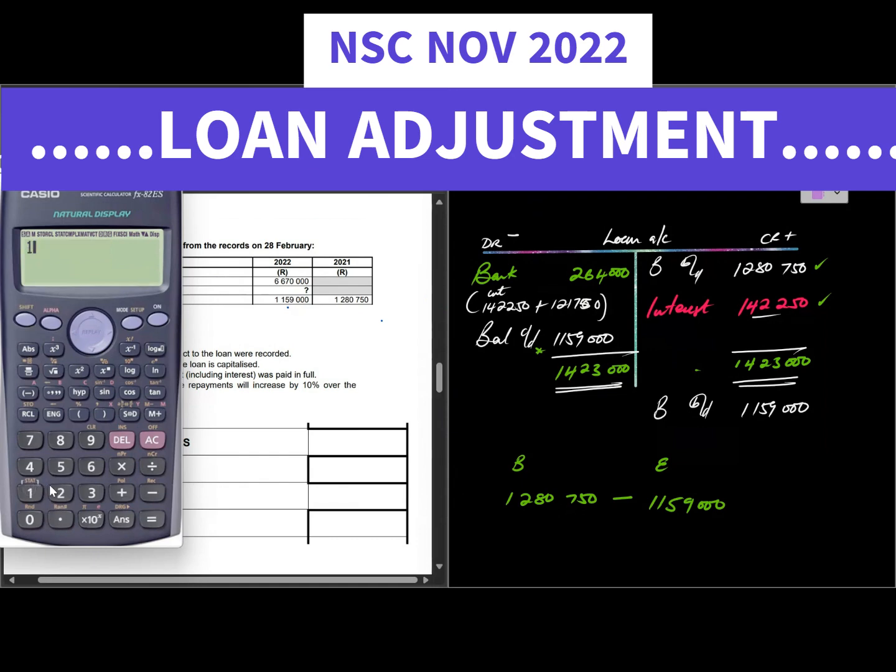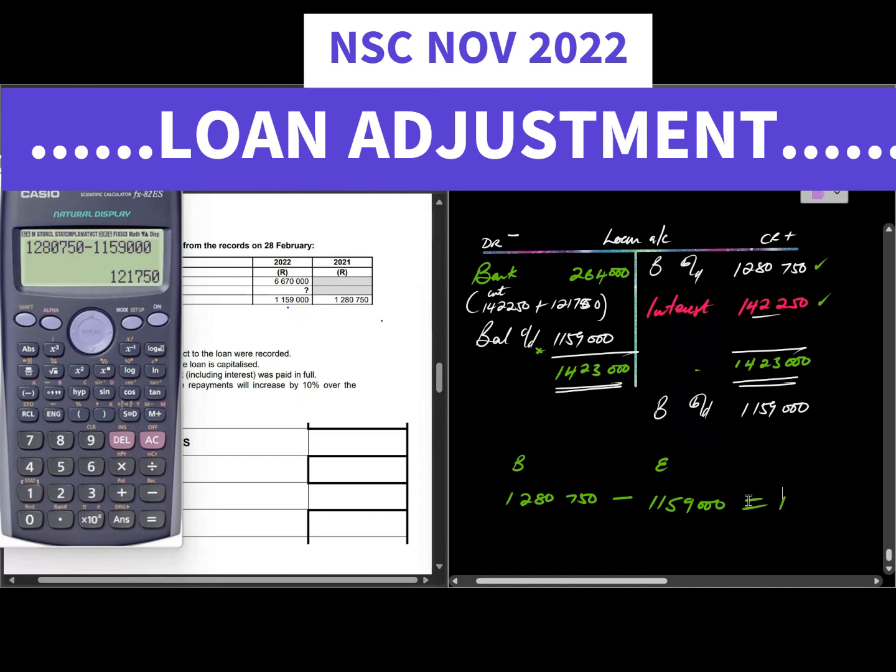I would say my 1,280,750, then I subtract the 1,159,000, and then it gives you 121,750, which is the same as I would have got up here.